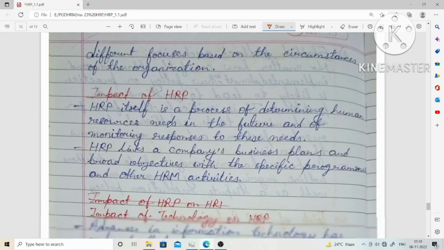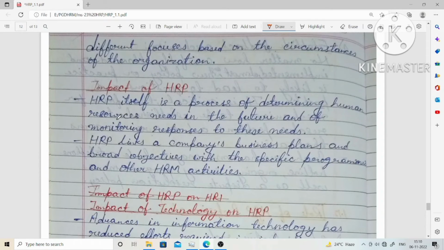Impact of human resource planning. Human resource planning itself is a process of determining human resource needs in the future and of monitoring responses to these needs. That's why human resource planning links a company's business plan and broad objectives with the specific programs and other human resource management activities.